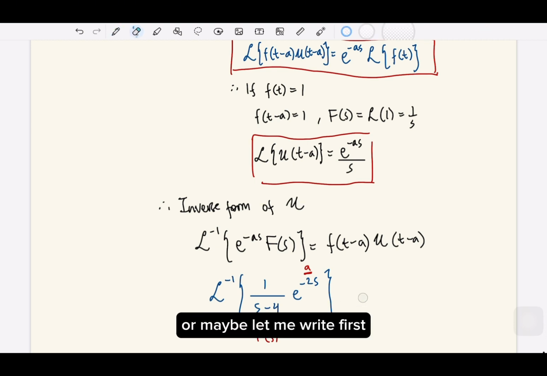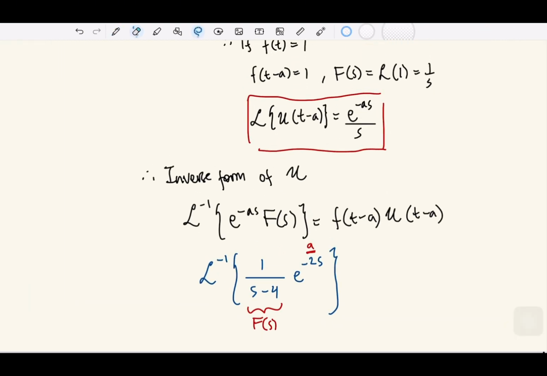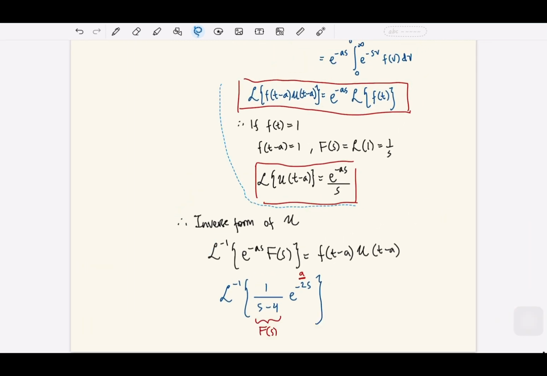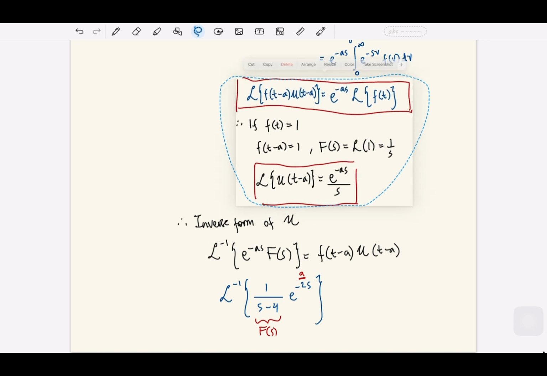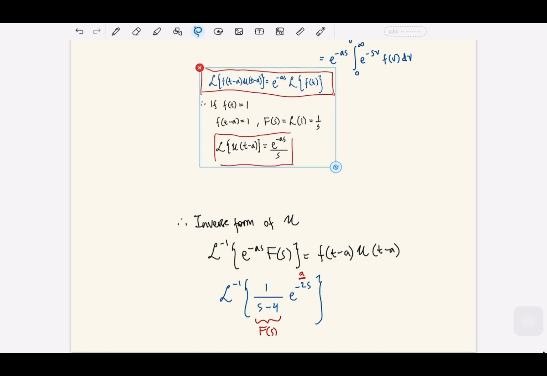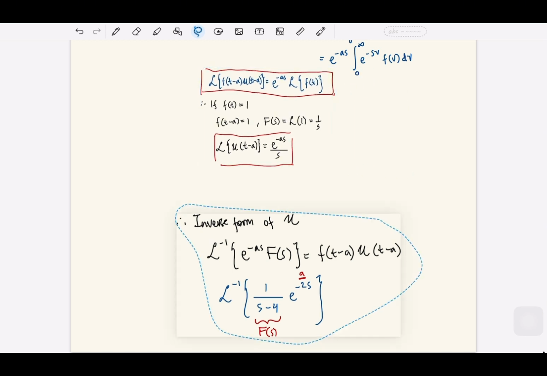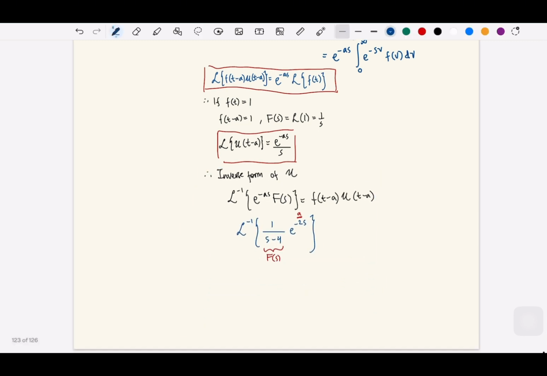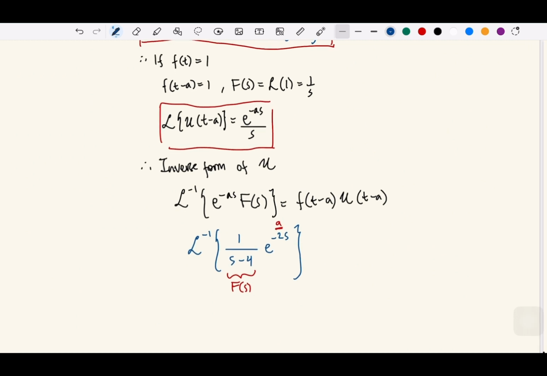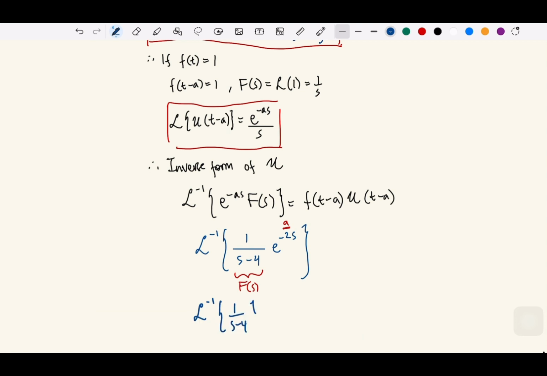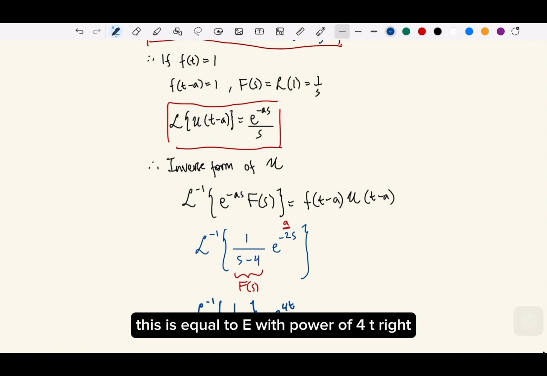Maybe let me make it a little bit smaller. Okay, remember that the Laplace inverse of 1 over s minus 4 is equal to e to the power of 4t, right?